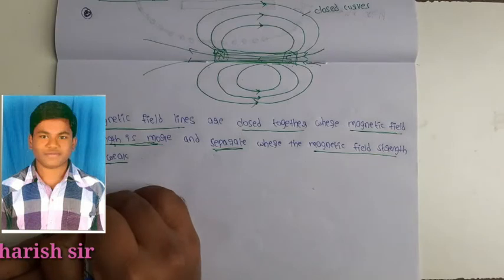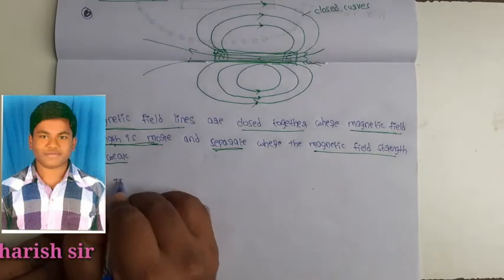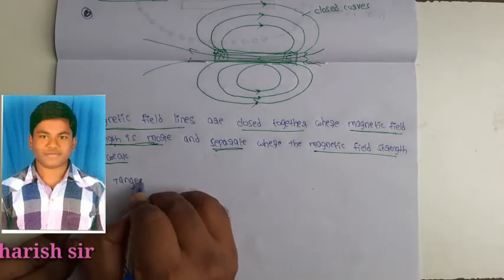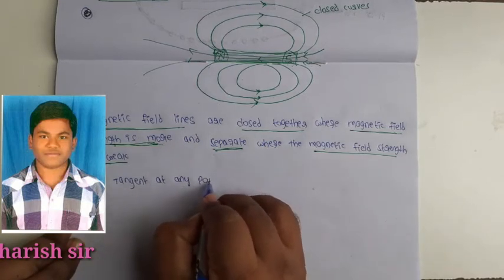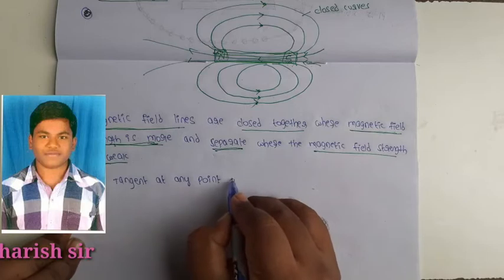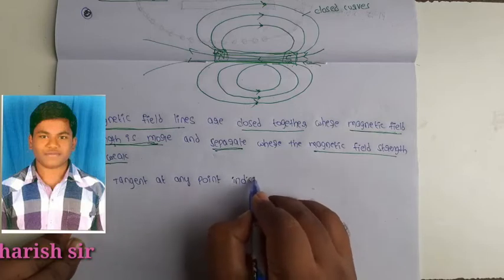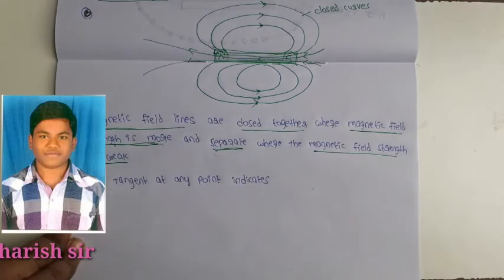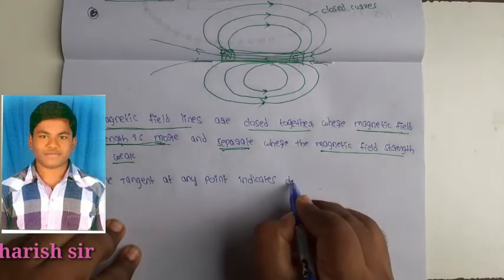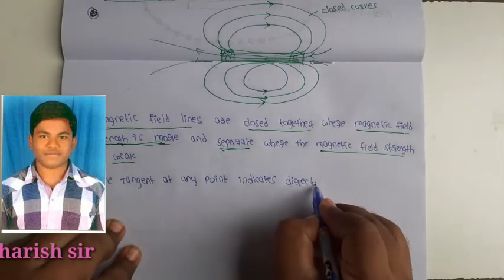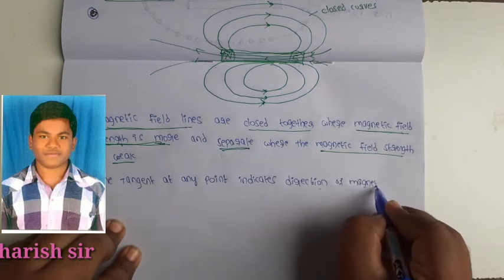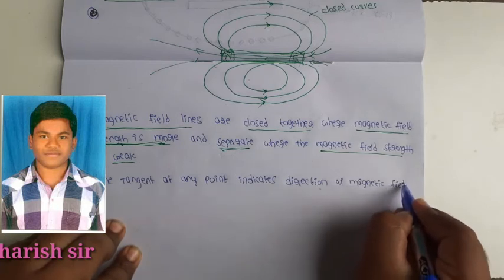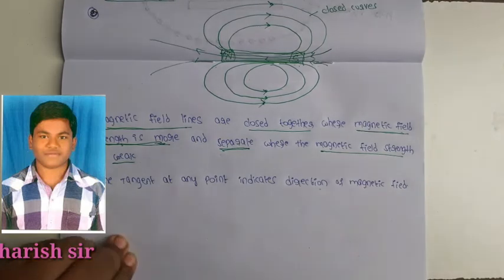Next point: the tangent at any point indicates the direction of the magnetic field.